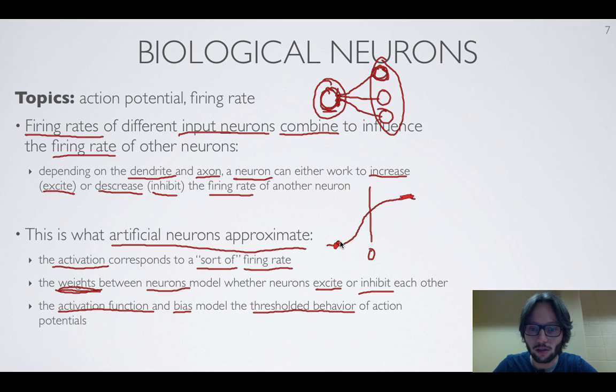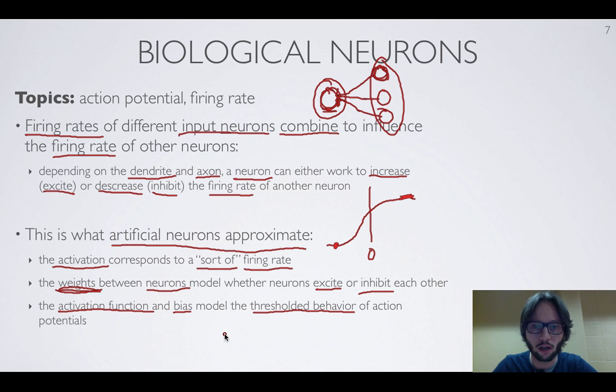We can think of this as a soft threshold, and this is what the activation function and the bias are trying to model, a soft version of this thresholded behavior. So that's all we'll say about the biological connection between artificial neural networks and real biological neurons. Often when we develop neural networks, we don't always go back and try to make our neurons more biologically plausible.